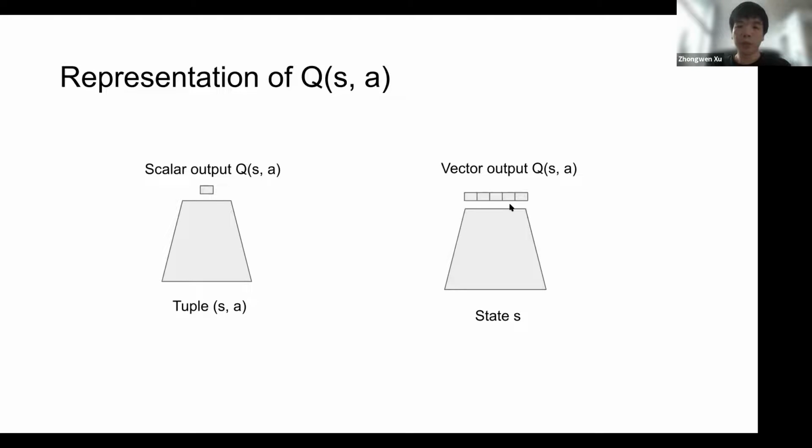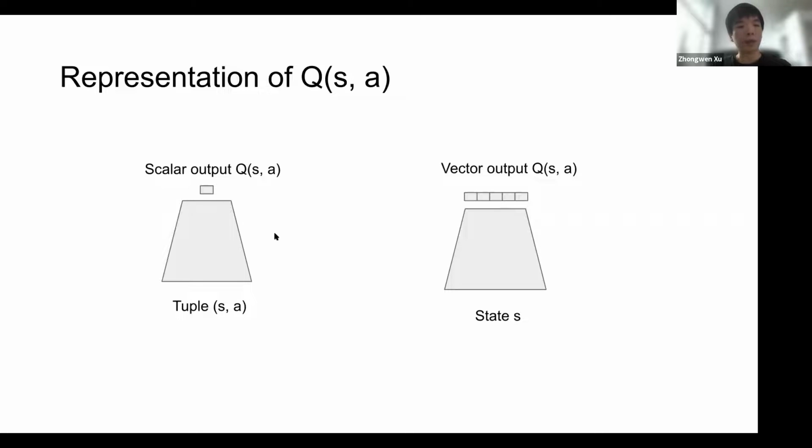For example, here we take a minimal example of 5 actions. So from one forward pass of the neural network, from the state, you can obtain all of the 5 actions. So perform one forward pass from the state, and you have Q(s,a0), Q(s,a1), and then to Q(s,a4). So all of the 5 scalars can be obtained at the same time.